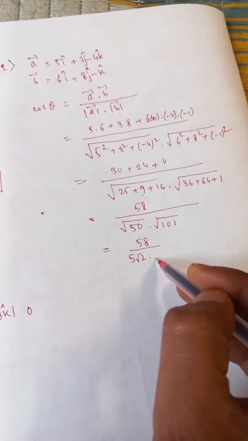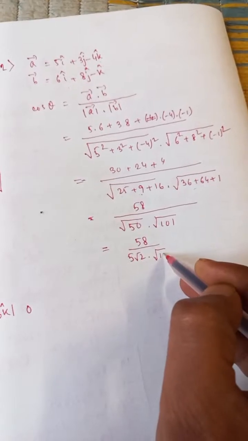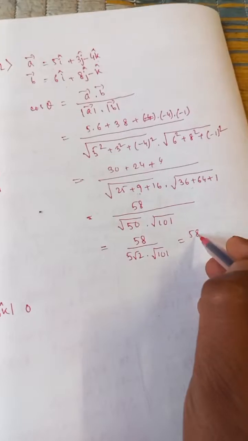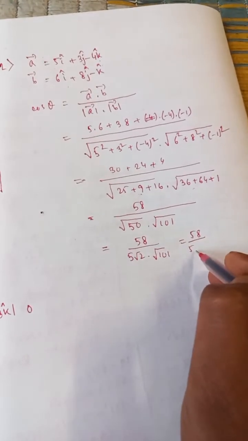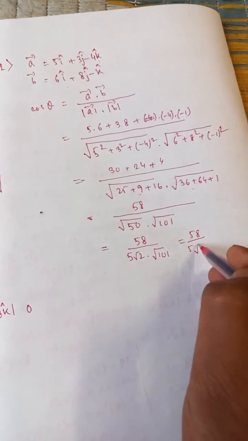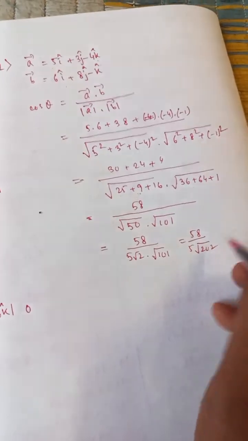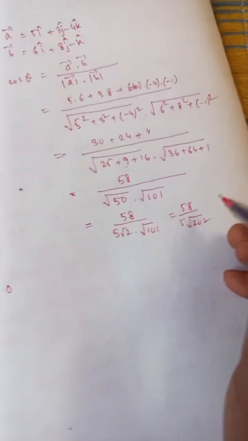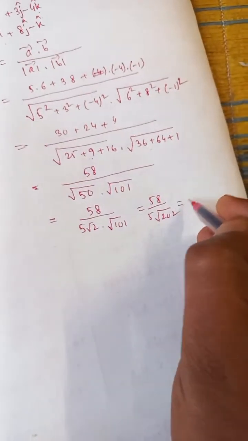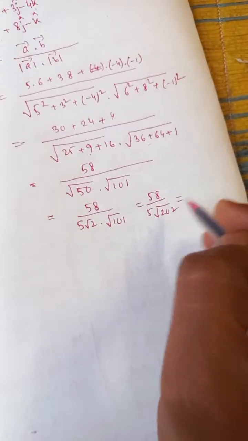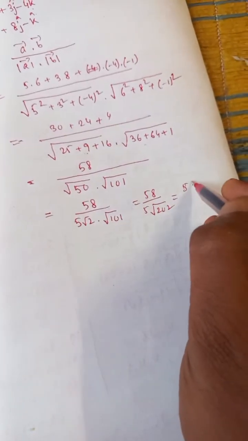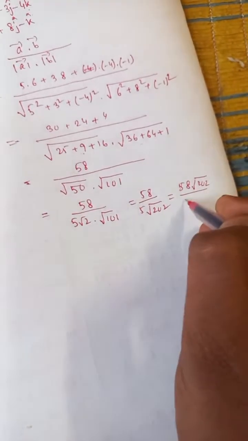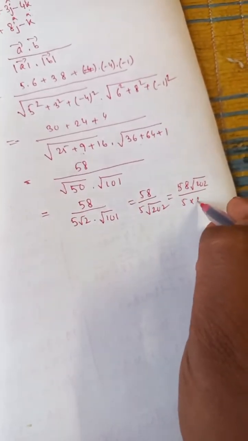It remains same to 101. So we will get 58 by 5 multiply 202. So if we multiply this with 202, we get with root over 202, 58 root over 202 by 5 multiply 202.